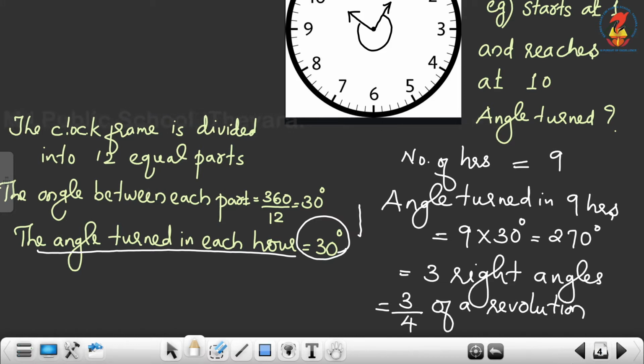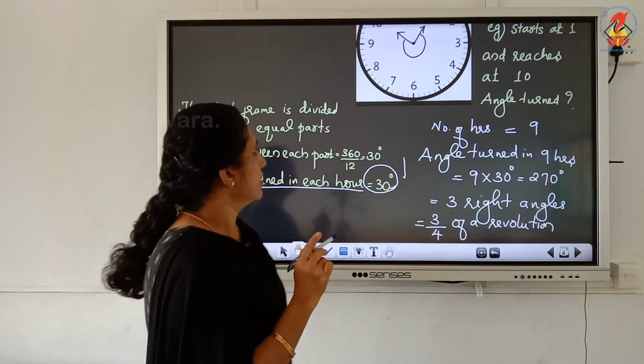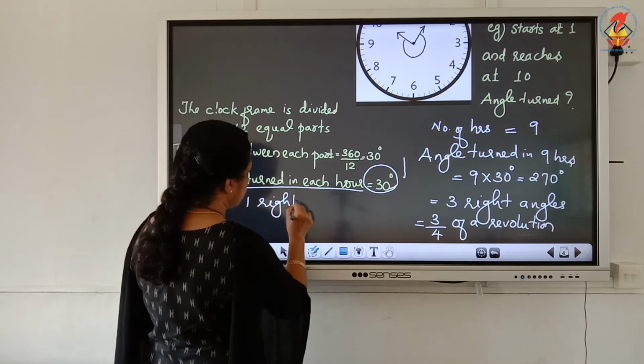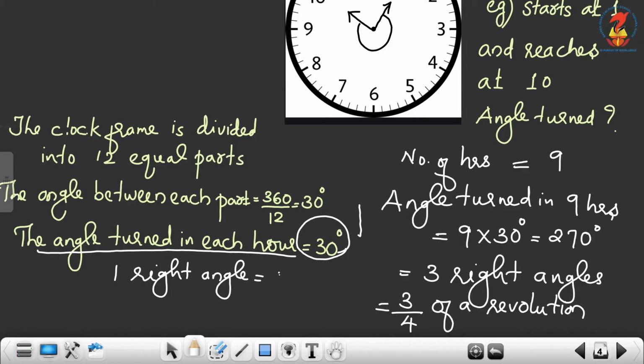So one right angle means 90 degree. Then two right angles means 2 into 90 degree, which is equal to 180 degree.